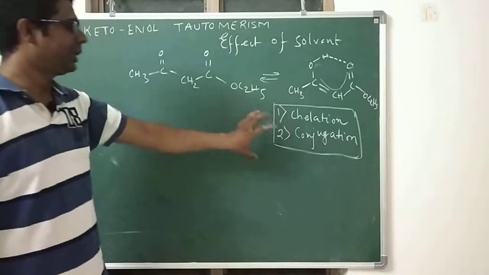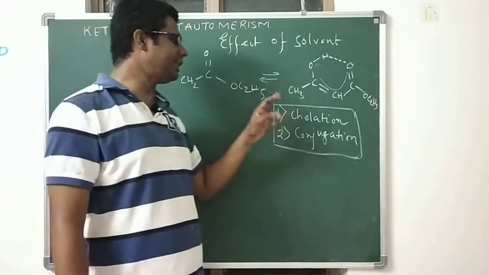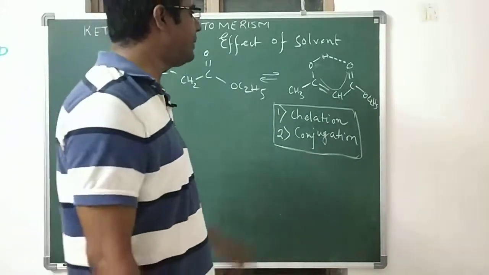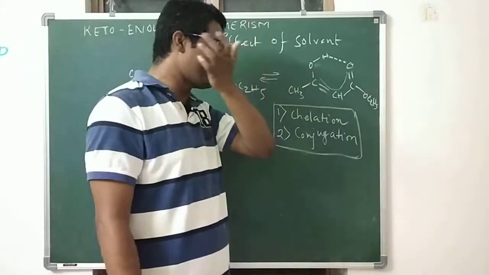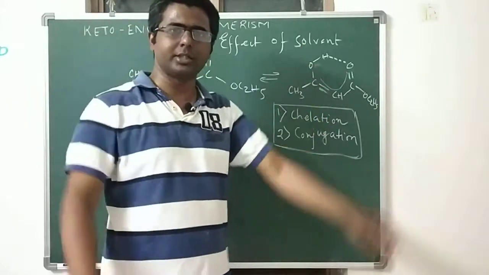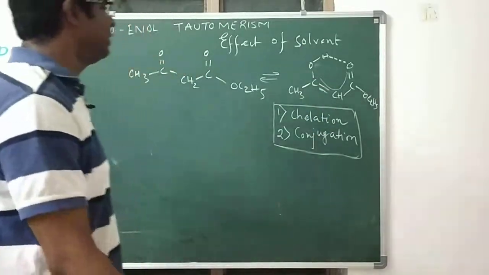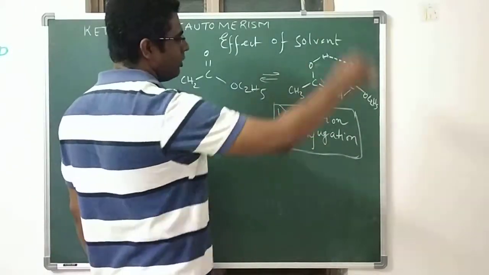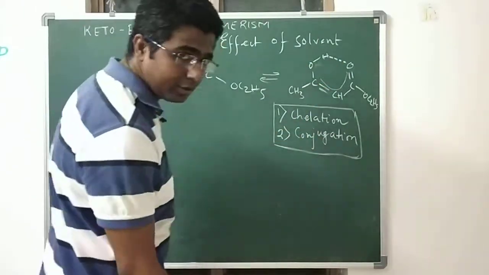You have to keep it in mind that chelation and conjugation will define the stability of enol content in the mixture. वो जो मिक्सचर डाले थे ना 1, 2, 3, ठीक है, उसमें chelation और conjugation will decide whether this enol will be stable or not.